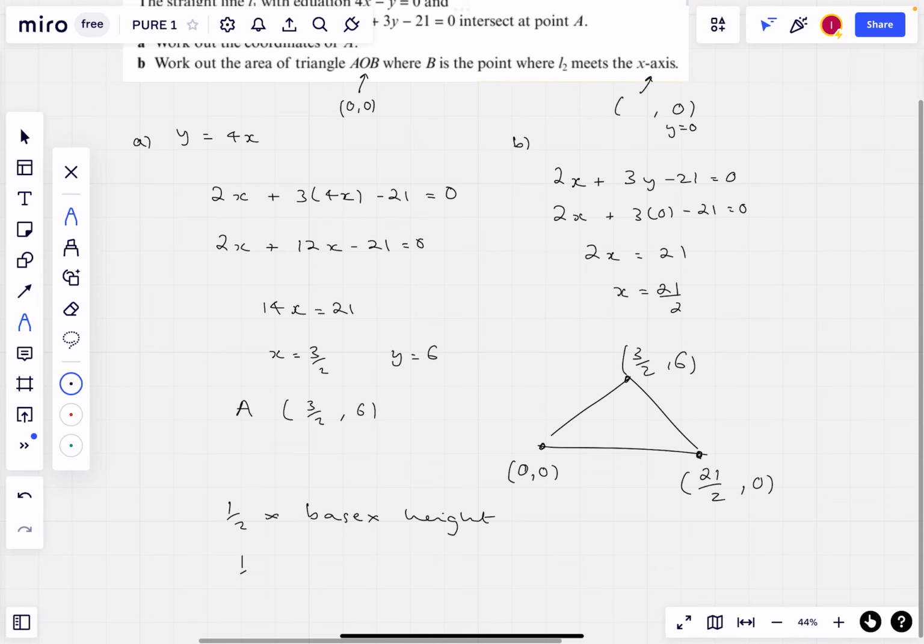The base is 21 over 2. The height is 6. Times those together, 63 over 2. Okay, so that is the form in which you might get some sort of question, or the format that a question can come in. Quite wordy, a little confusing, but I hope that made sense.